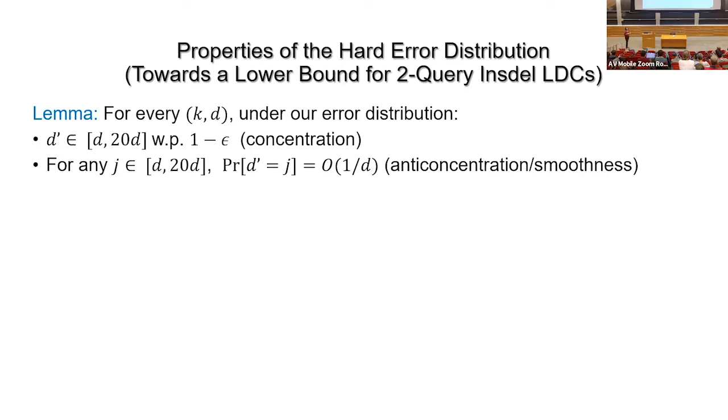Under this deletion pattern, we get the following property of the induced distribution, namely that for every KD query, if we look upstairs at K prime D prime at the induced distribution before errors, we can show that D prime is with high probability within a factor of 20 from D. And moreover, every length in this interval, D/20 to 20D, is hit with probability 1/d.